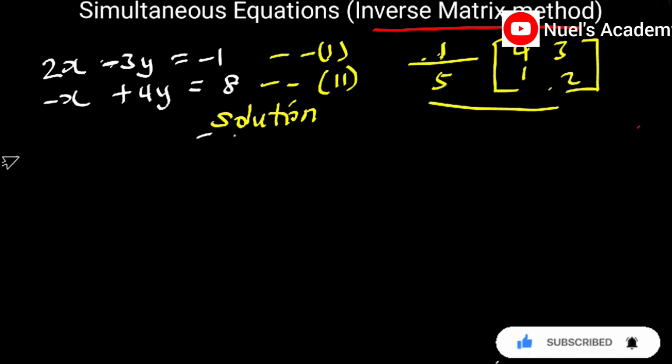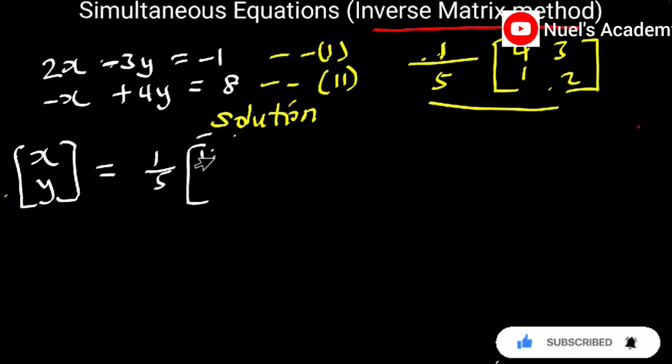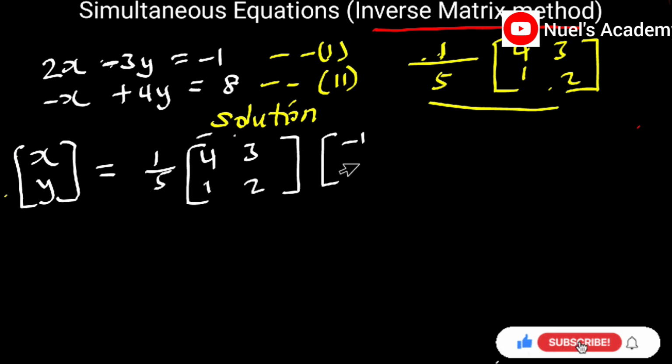So we have that x, y is equal to 1 over 5 into 4, 1, 3, and 2, multiplied by minus 1 and 8.